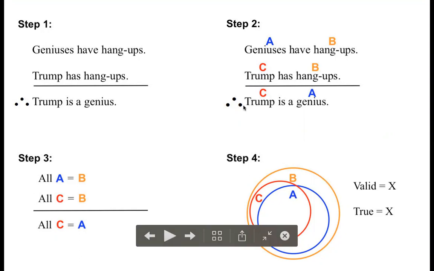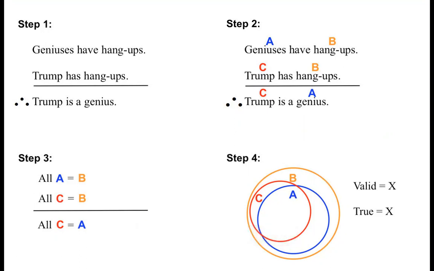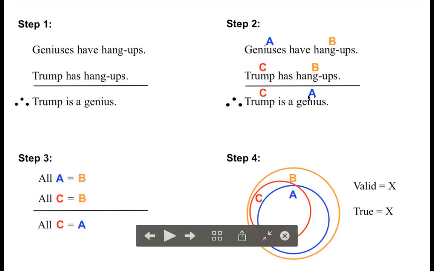And we already have Trump here, so we use C again. And we already have A, or genius. And remember, like human versus humans, singular versus plural, we are still in the same category. Plural here, singular here, but still A. Okay.